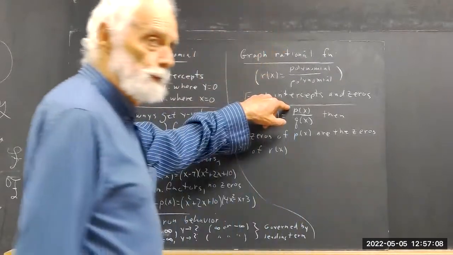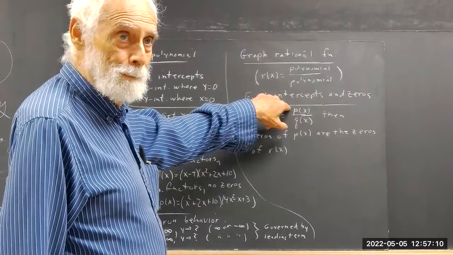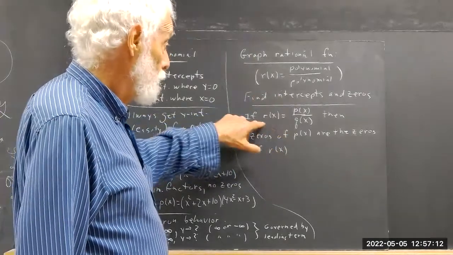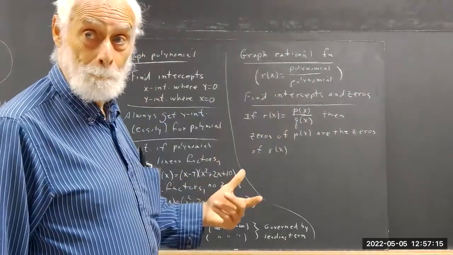If P of x makes it 0, then you got 0 over this, which is going to give you 0, right?